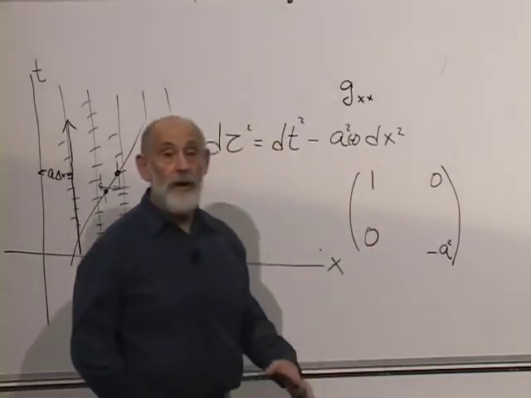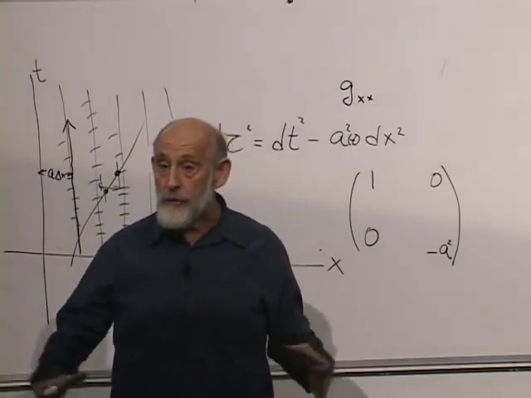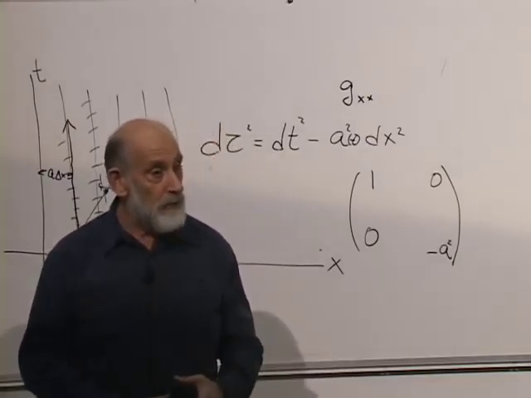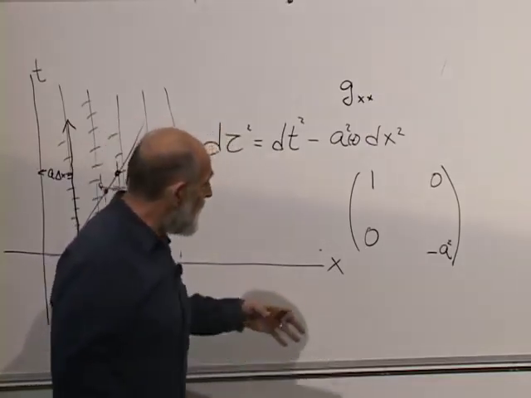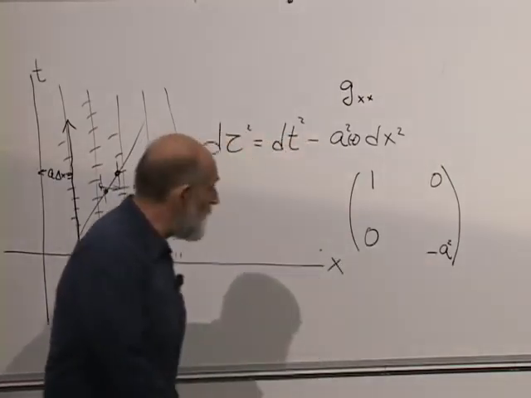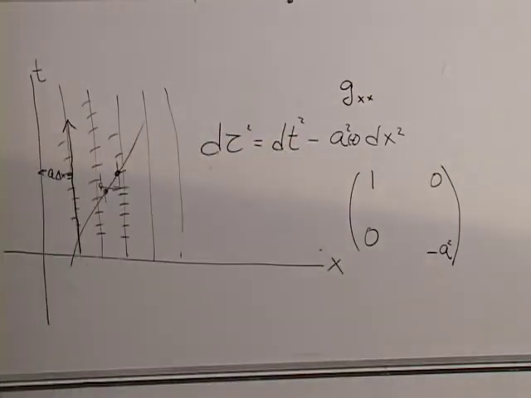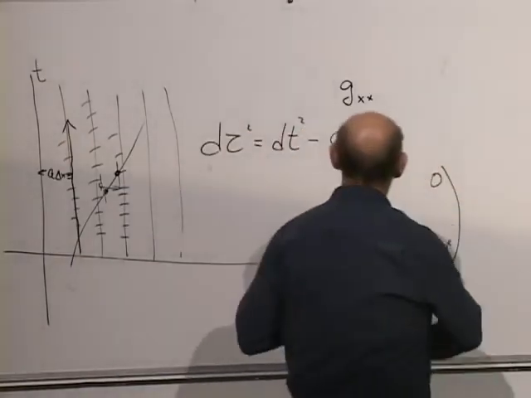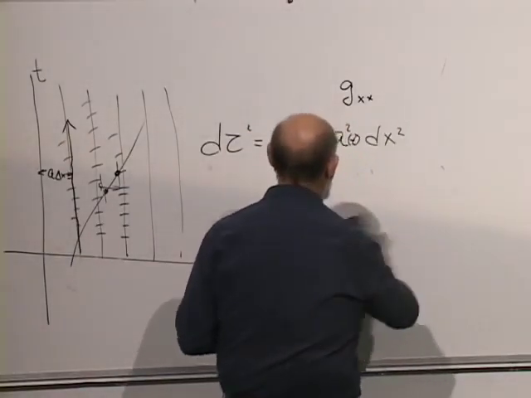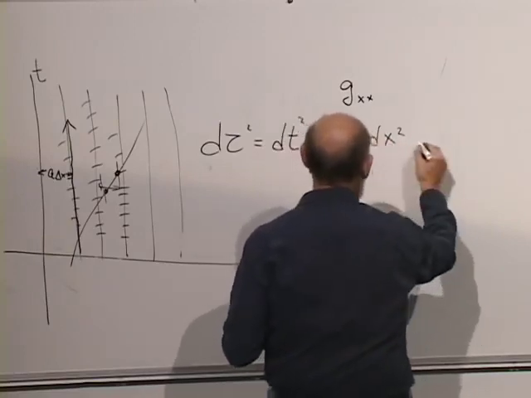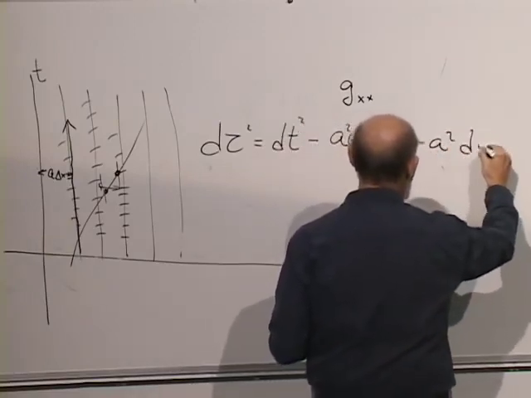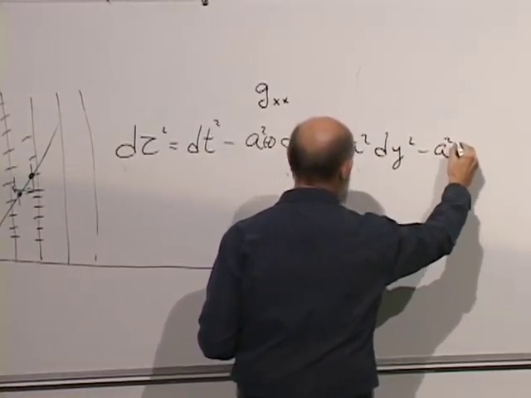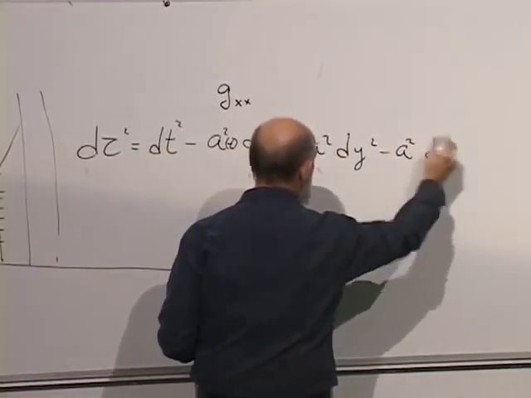It is the thing which changes with time as the universe changes its size, or as the universe changes its scale factor. Scale factor and space component of the metric are the same thing. The same is true in 3 dimensions, or 2 dimensions, or however many dimensions, the only difference being that the metric would contain more terms: minus a squared dy squared minus a squared dz squared.